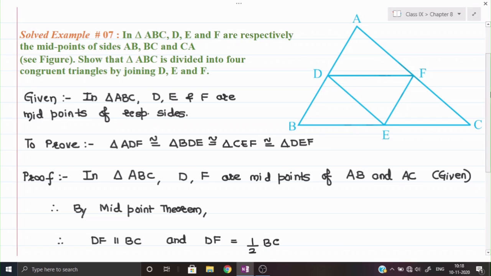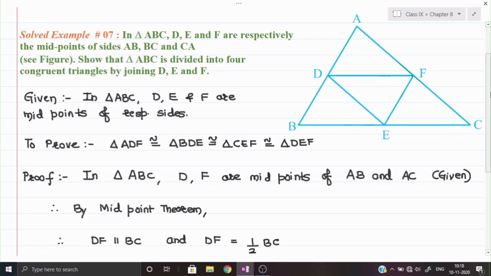It is the only single theorem we have proved in the chapter, and its proof can also come in the examination. So now we shall apply that theorem.